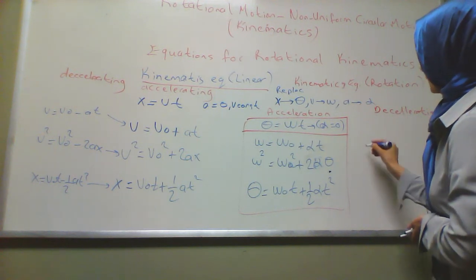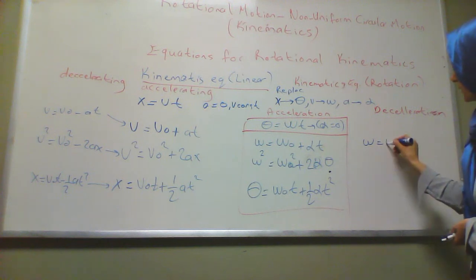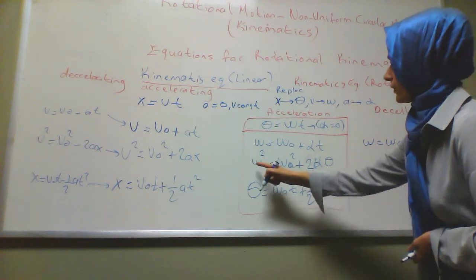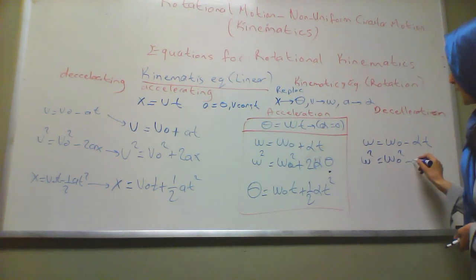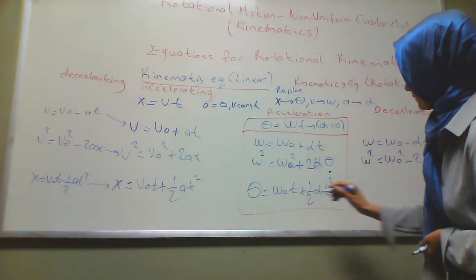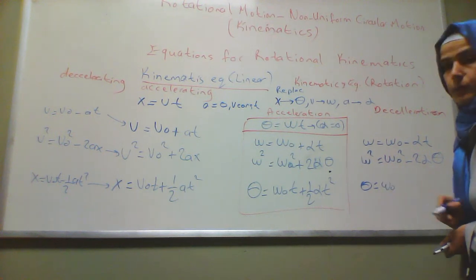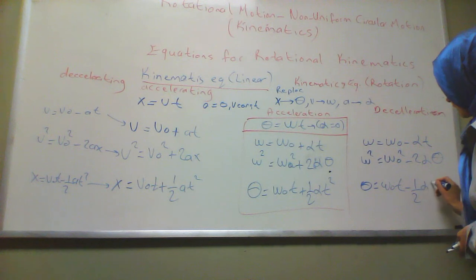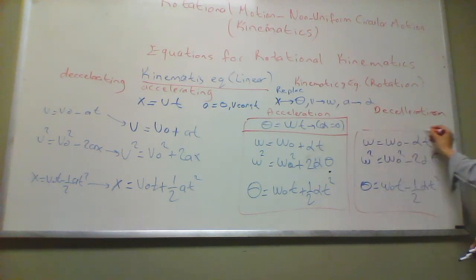For decelerating, we will have final omega, angular velocity, is equal to initial omega minus alpha times t. We will have final omega squared is equal to initial omega squared minus 2 alpha times theta, displacement. And we will have for theta, angular displacement, initial omega times time minus 1/2 alpha t squared. And these will be applicable to decelerating cases.